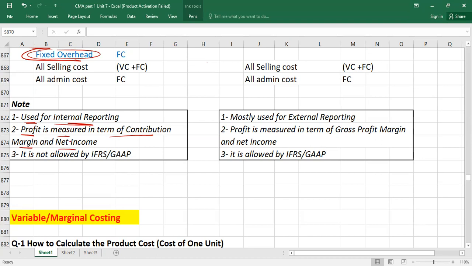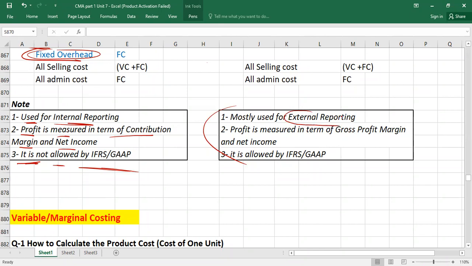What is contribution margin? I will explain, don't worry, with the income statement. And third is what? It is not allowed by IFRS or GAAP. Simply, we cannot use this costing method for external reporting purposes, is what they are trying to say. And then on the other hand, we have absorption costing. Absorption costing can be used for which purpose?